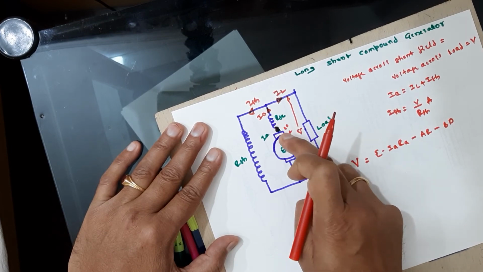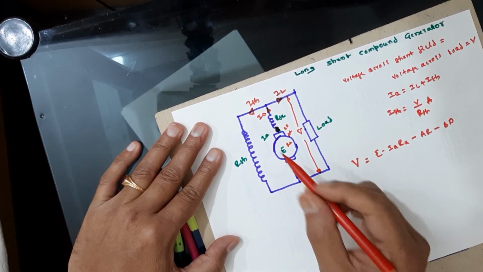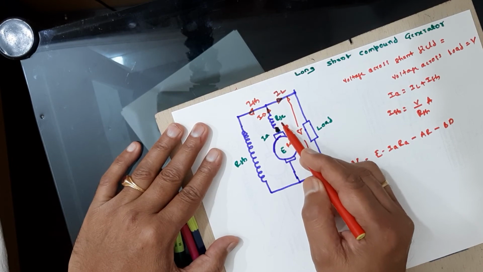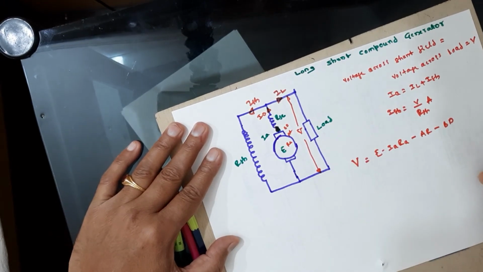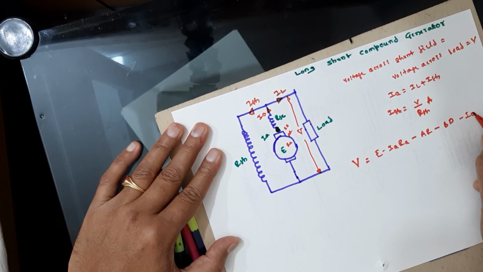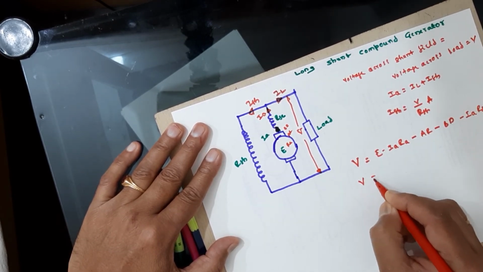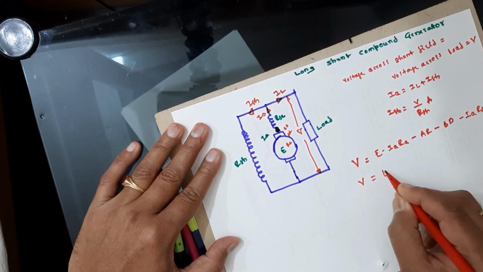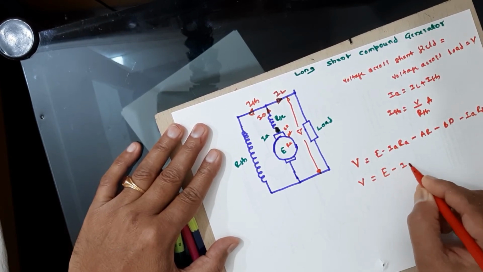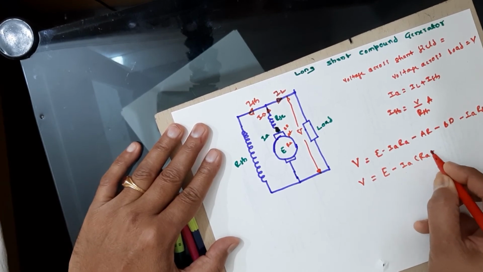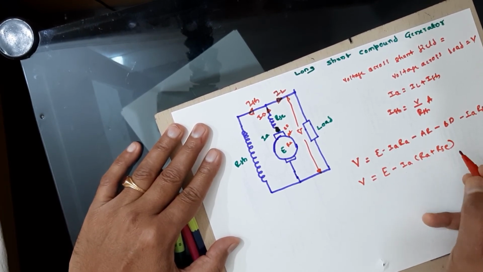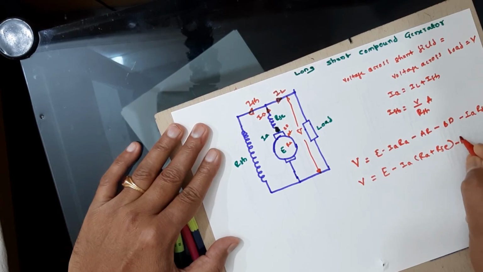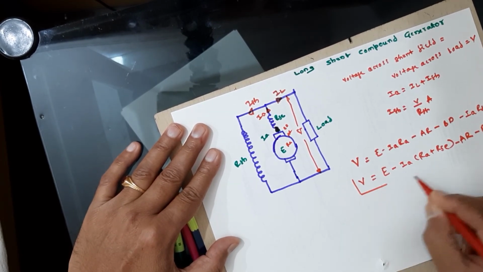In the long shunt, the current is IA in the series field, resistance is R series, therefore there is a drop of IA into R series. Therefore, V is E minus IA into RA plus R series, minus armature reaction minus brush drop. This is the relation for the voltage V.